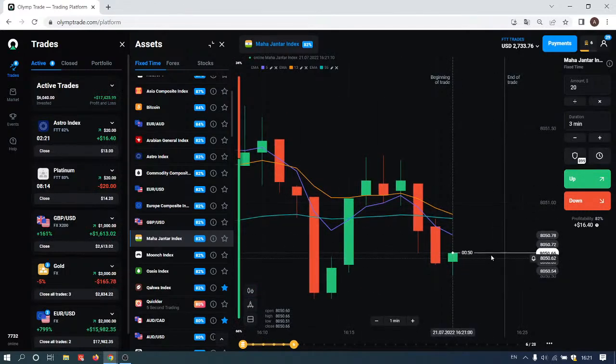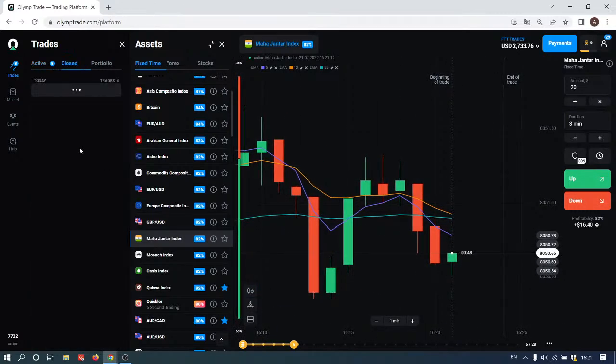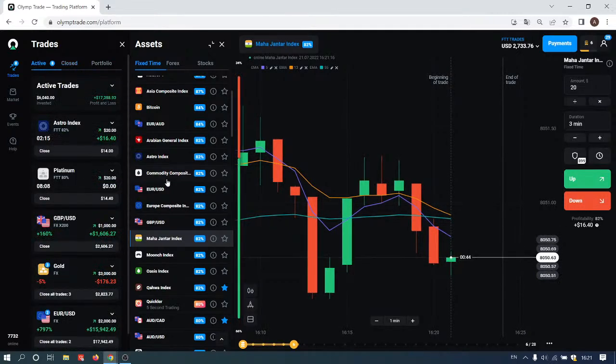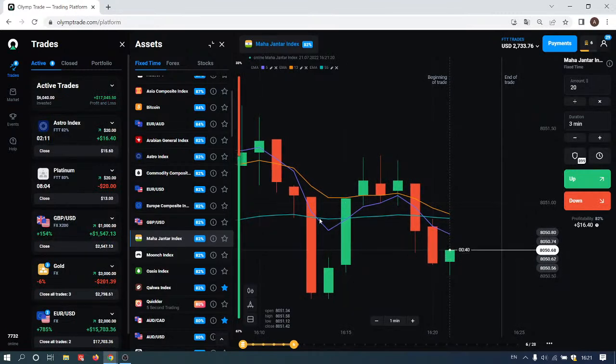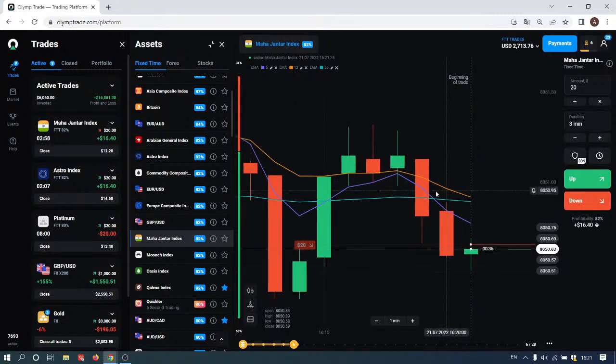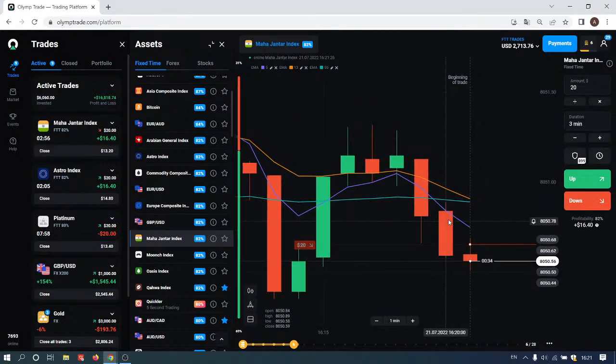Mahajantar again. Just a little bit afraid to open Mahajantar. So we had 1, 2 profitable trades and 2 losing trades so far. Mahajantar, let's do it. This signal appeared on the previous candlestick, so it is not too late.